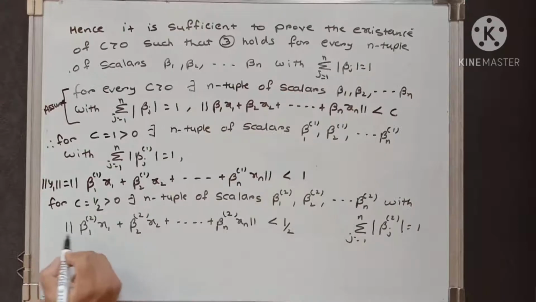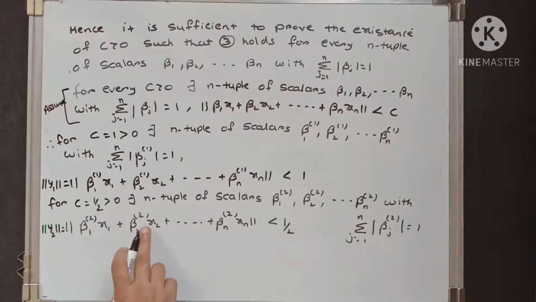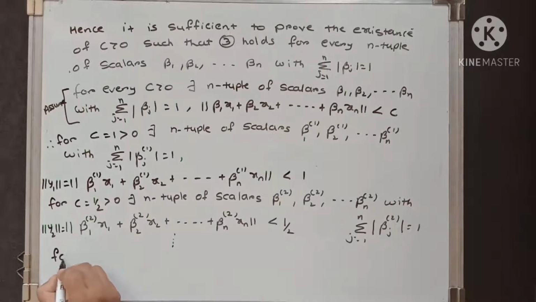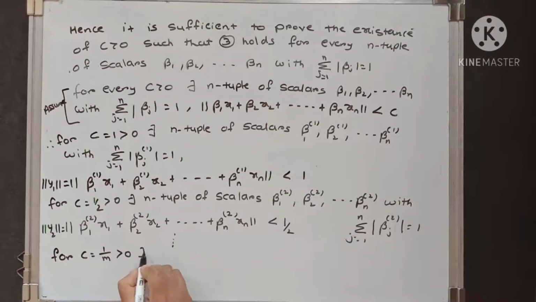In the same way, we name norm of y2 equal to norm of beta 1 2 x1 plus beta 2 2 x2 up to beta n2 xn, which is less than 1 by 2, and so on. We continue these steps. Therefore for c equals 1 by m, which is greater than 0, again there exists an n tuple of scalars.